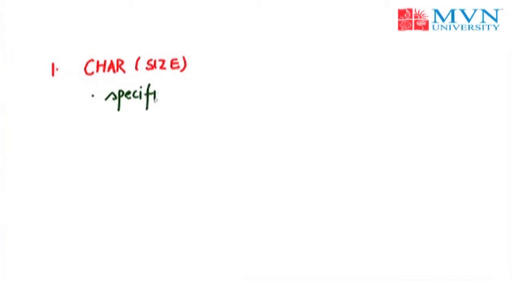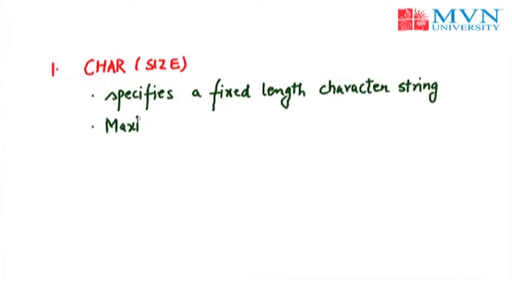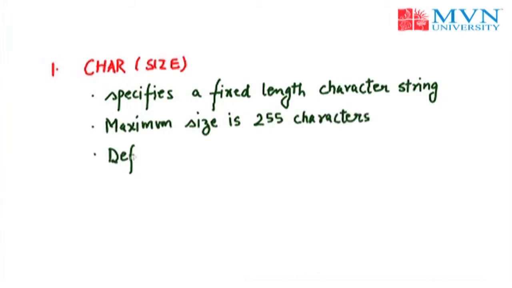It specifies a fixed length character string. Its maximum size is 255 characters. Its default size is 1 byte. If you insert a value that is shorter than the column length, Oracle blank pads the value to the column length.